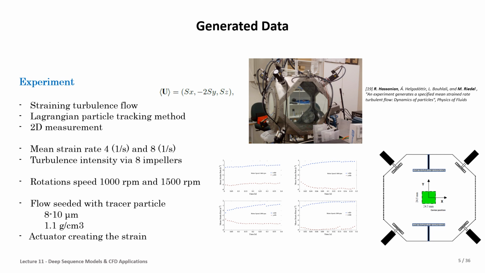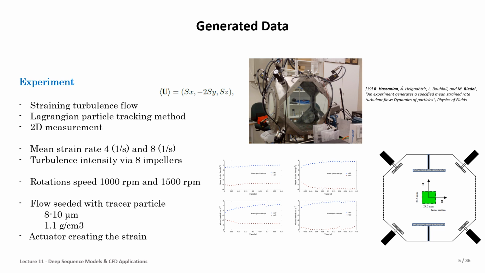And then to extract the feature of the turbulent flow, we use Lagrangian particle tracking, LPT, which is an approach using the Lagrangian framework concept, following the particle and measuring its velocity as a time series.